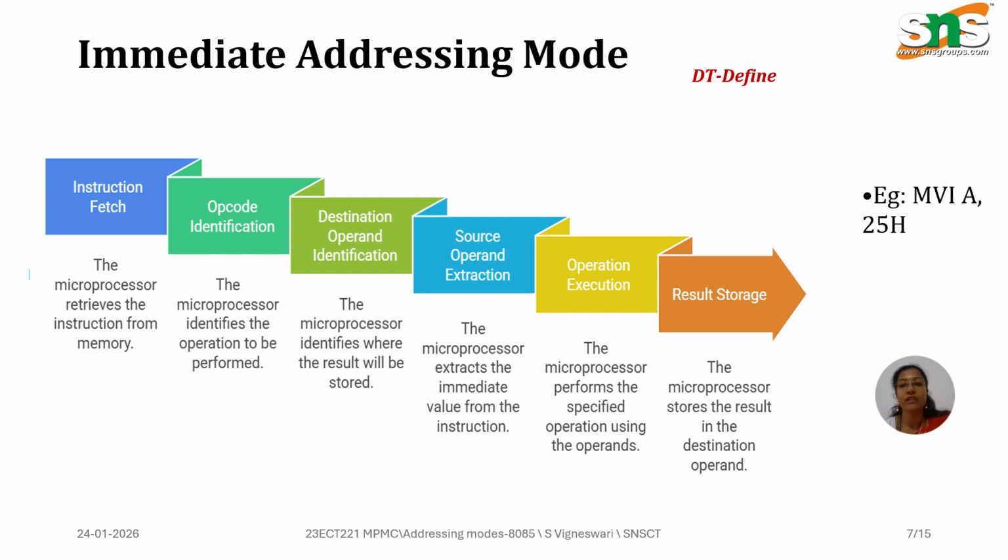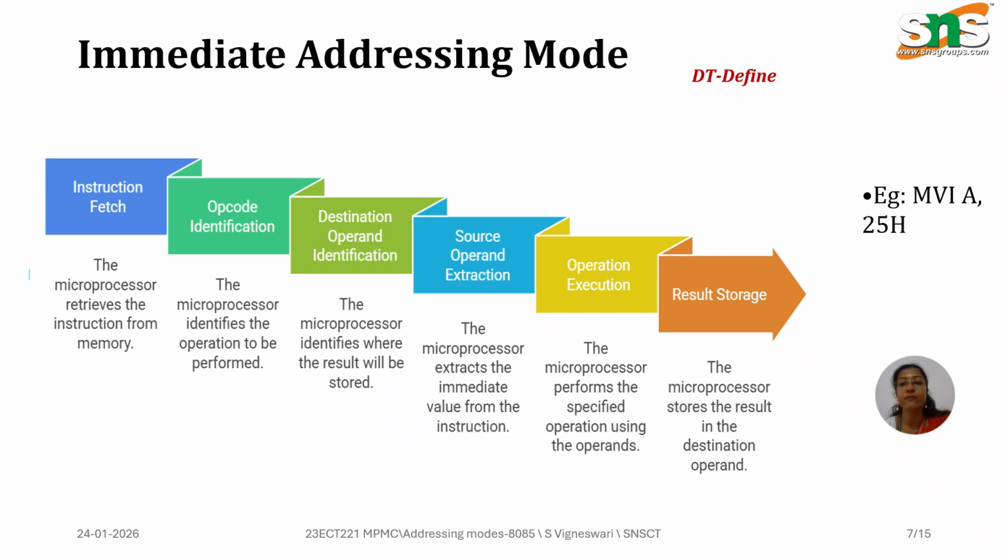First comes the immediate addressing mode. In immediate addressing mode, as you see in the figure, the operand is directly specified in the instruction, which means the data value is available immediately. For example, MVI A, 25H, where MVI specifies move immediate.